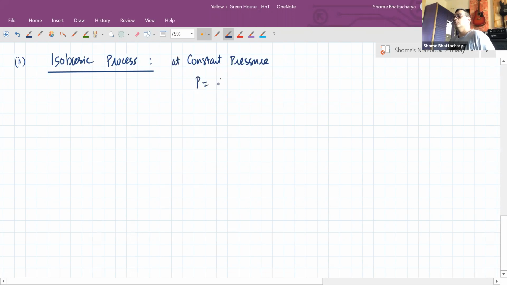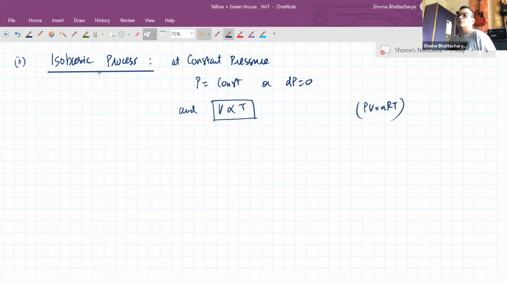So pressure is constant or dP is zero, change in pressure is zero, and volume becomes proportional to temperature because PV is equal to nRT. So on the PV graph, this type of process now looks like a horizontal straight line.